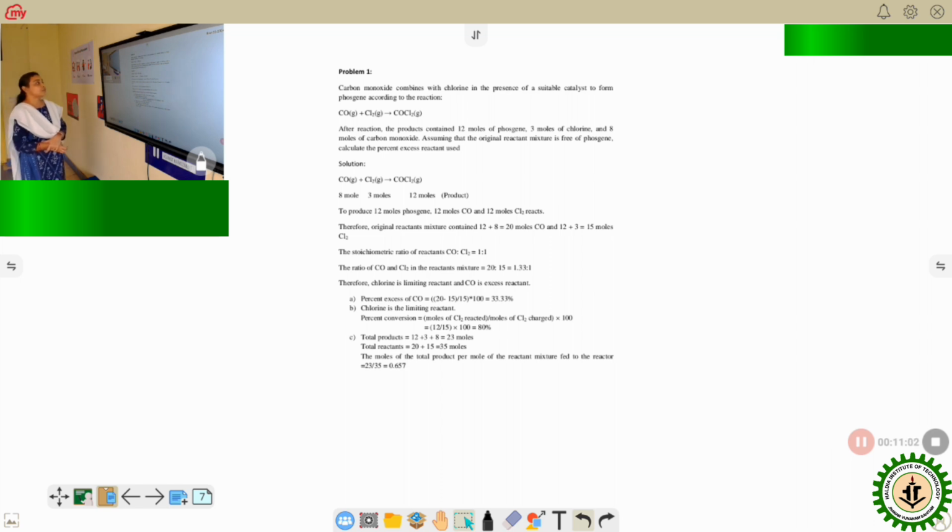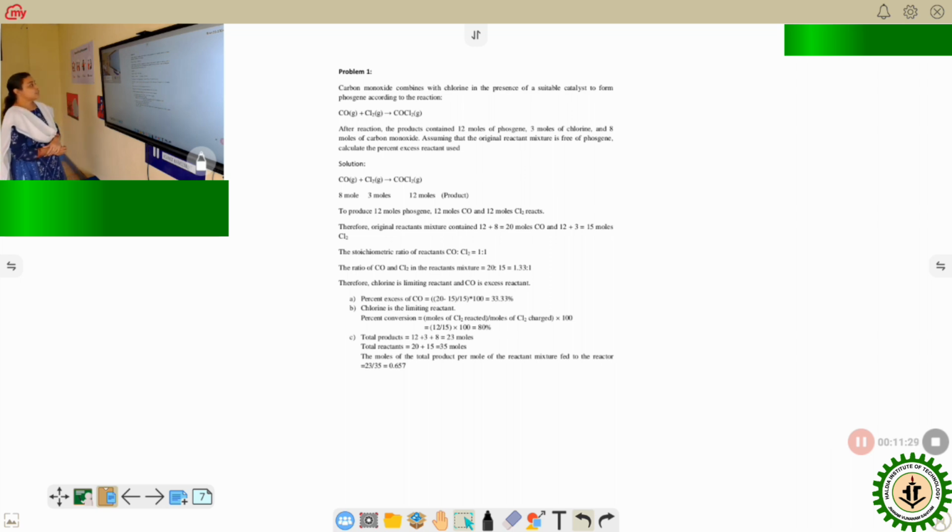According to the reaction, carbon monoxide plus chlorine gives COCl2, phosgene. After the reaction, the products obtained are 12 moles of phosgene, 3 moles of chlorine and 8 moles of carbon monoxide, assuming that the original reactant mixture is free from phosgene. Now calculate the percent excess reactant used.